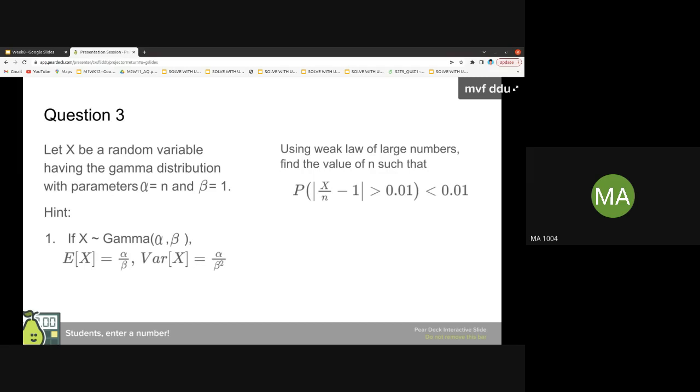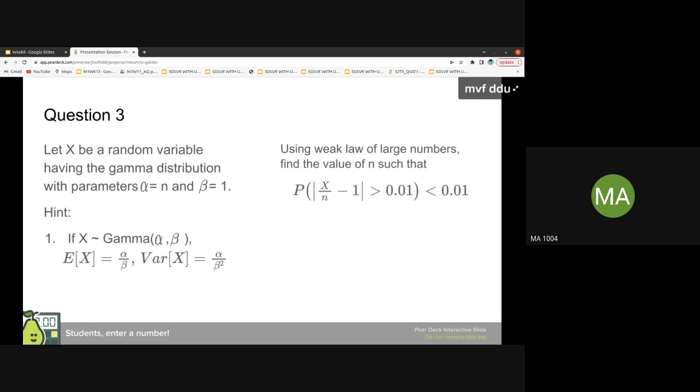That is why the weak law of large numbers sometimes will not give you a proper bound also. If your actual probability value is somewhere around 0.23, or 0.2 maybe, then using the weak law of large numbers you may get that the probability is less than 0.7.